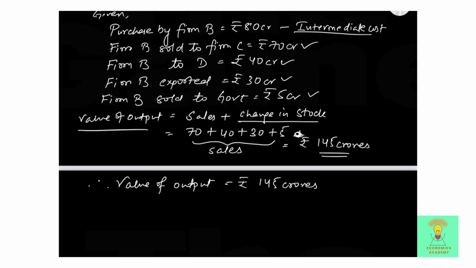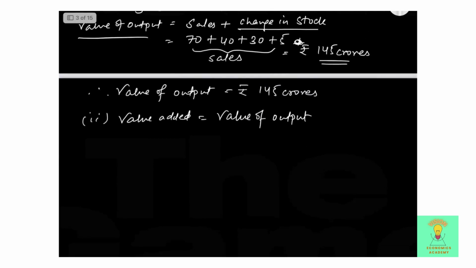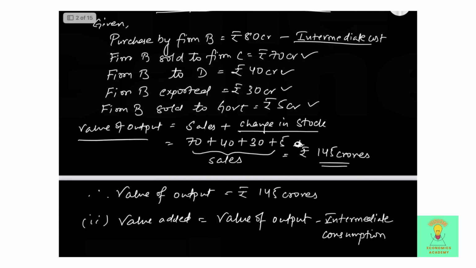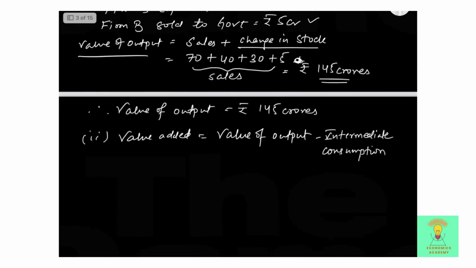right? Now, number 2, they have asked us to find value added. The value added is value of output minus intermediate consumption. This is also consumption. Sorry, I have written cost over here. All right.